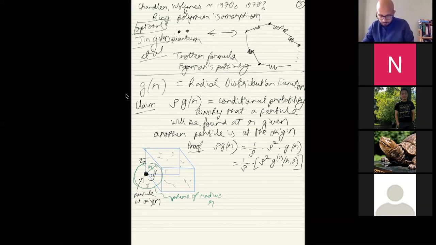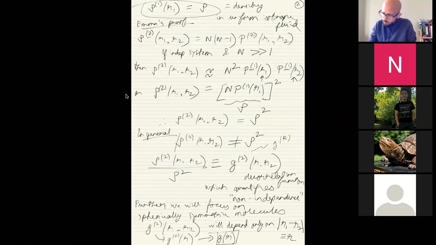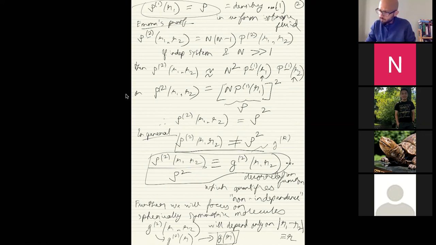This in turn is equal to rho 2 of R comma 0, where the numerator is divided by rho. How did we get that? Remember, rho 2 of R1 R2 is equal to rho square multiplied by G. Let's call this equation number 1 for rho 1, and let's call this one equation number 2 for this interdependence term.